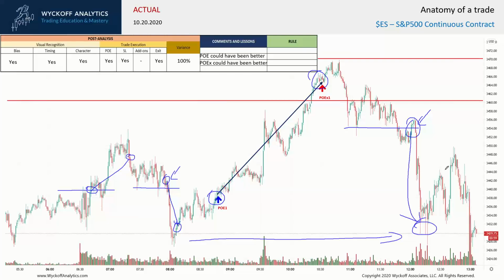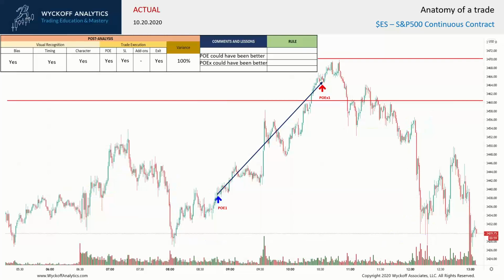And then obviously adjust your targets, adjust your understanding of how continuation of those trades happens, and where you should be getting out.